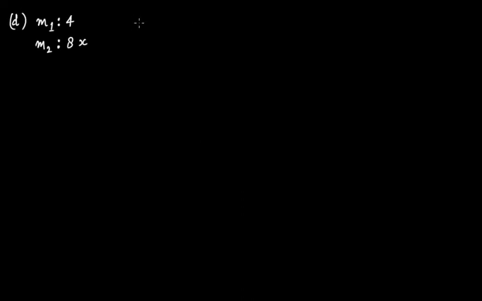Here, this is m1 multiplied by m2. This means that 4 multiplied by 8x. Now, if you're thinking, is it a monomial? Yes, a constant number is a monomial, because I can write this number as 4x raised to the power of 0.